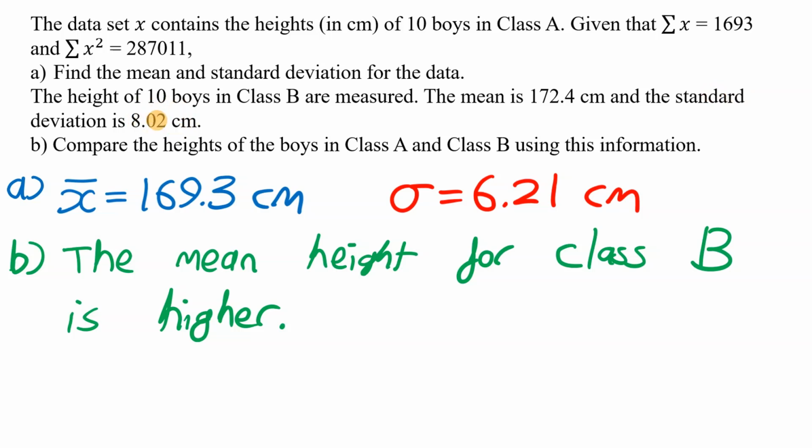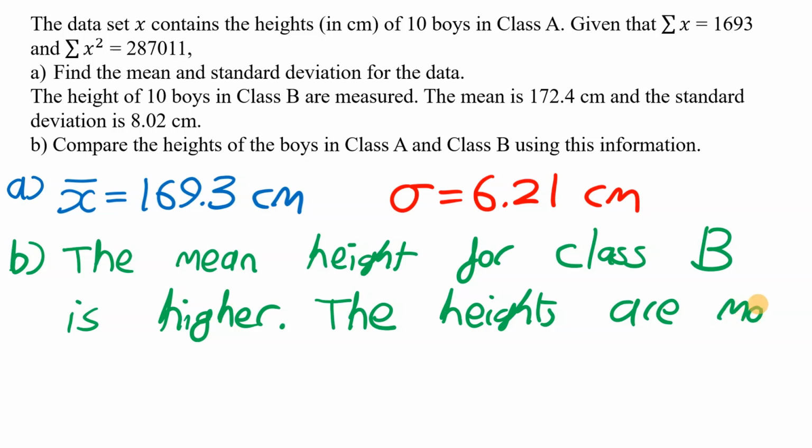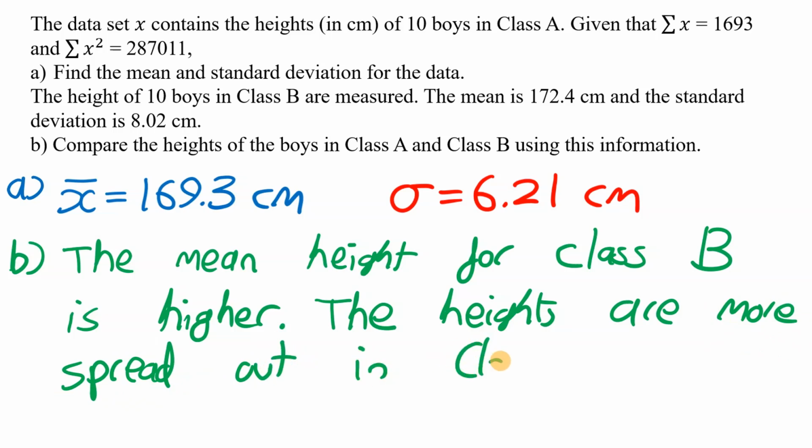So as the standard deviation is higher for class B, the data is more spread out. So therefore, the heights are more spread out in class B, and that will get you the marks.